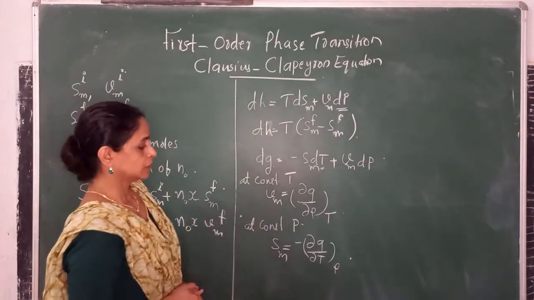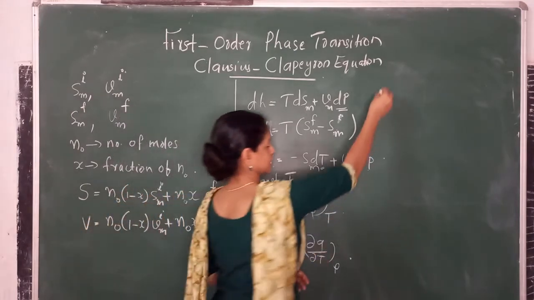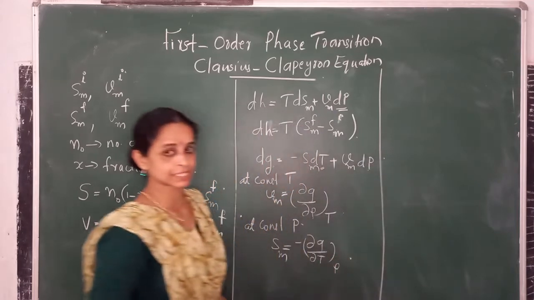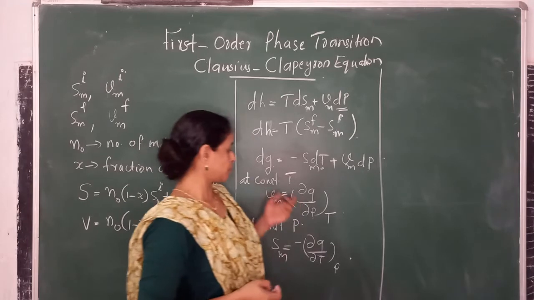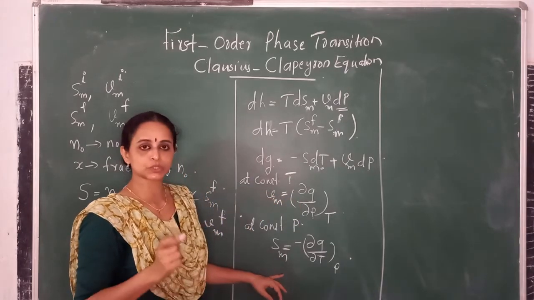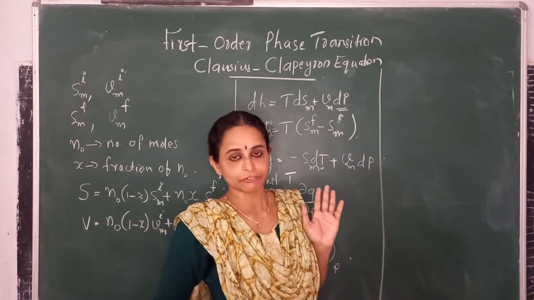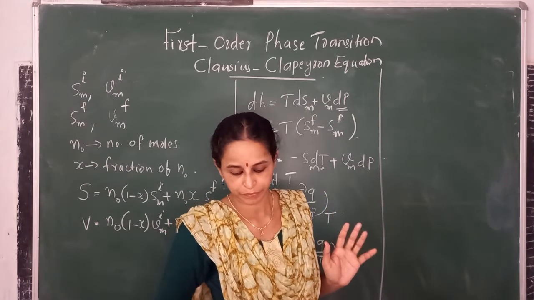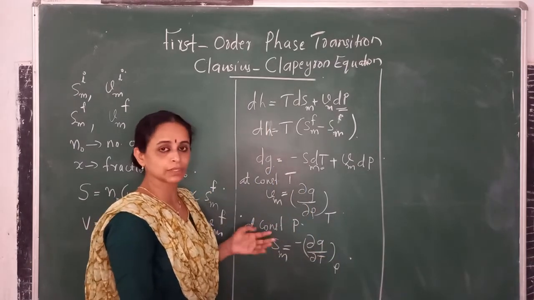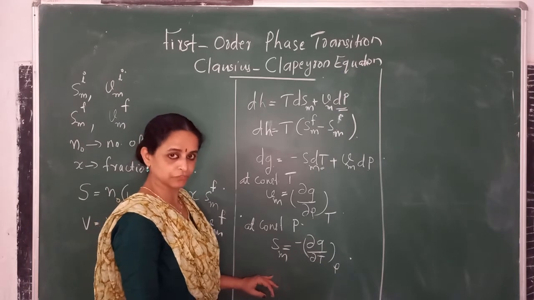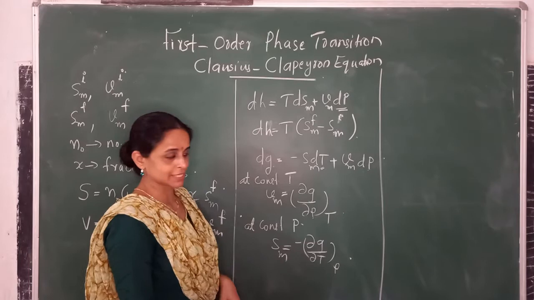So we can define a first order phase transition. For a first order phase transition, it satisfies two conditions: the molar volume and molar entropy should change, and the first order derivative of the molar Gibbs function changes discontinuously at the phase transition.